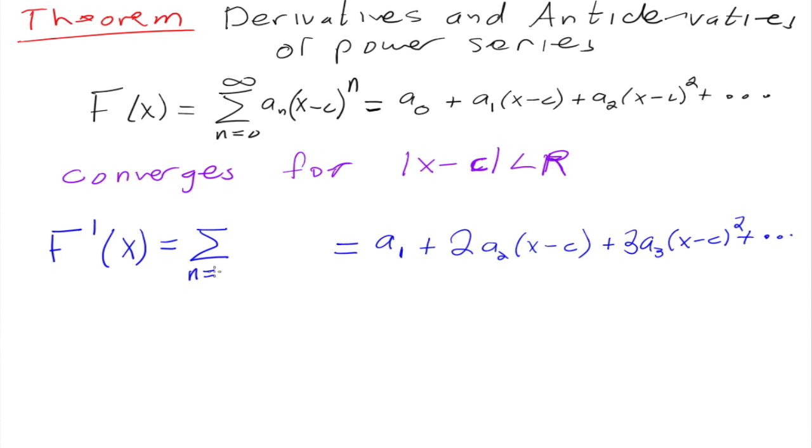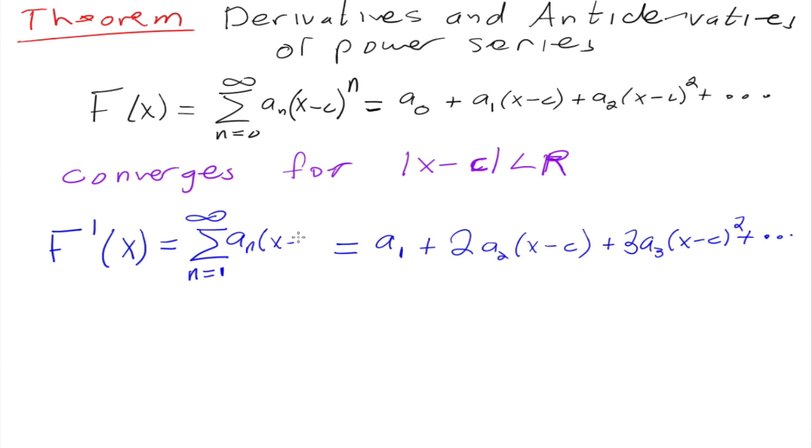Okay, so I'm going to write this as a sum. The sum n equals, do I start at 0? Start at 1, right? Because notice what happened to the 0th term, it dropped off. So you can start at 0, but there's no point. So what do I have? a sub n times, what am I missing?